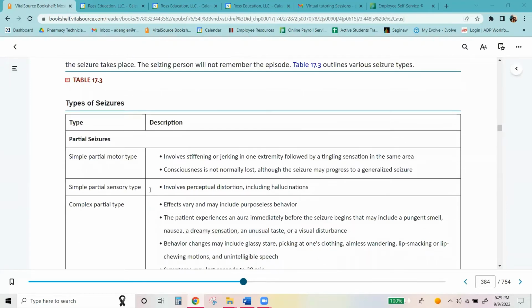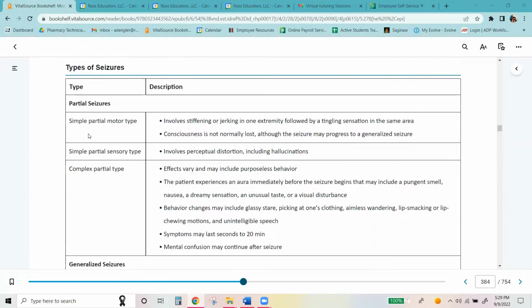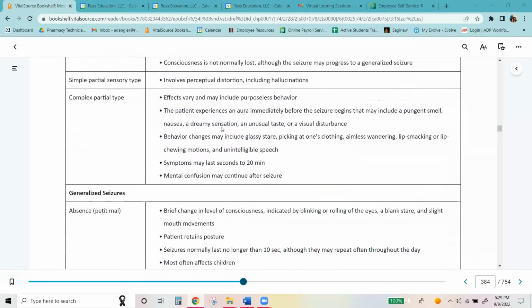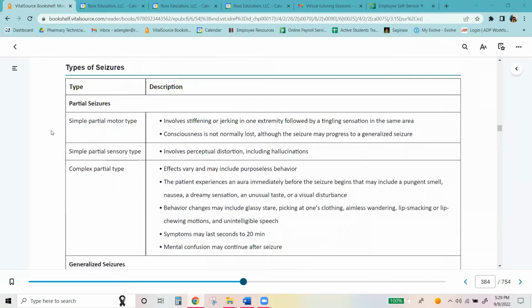So table 17.3 lists the different types of seizures and what happens during them. So partial seizures, we have the simple partial motor type, simple partial sensory type, and the complex partial type.